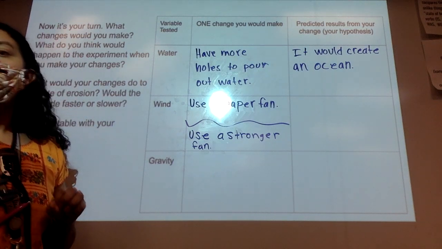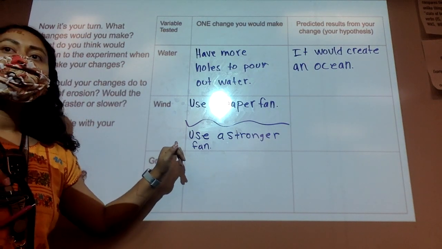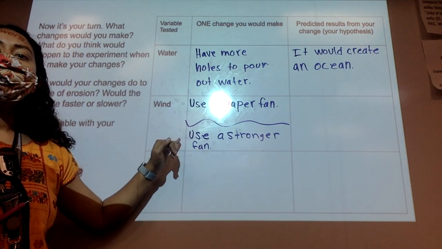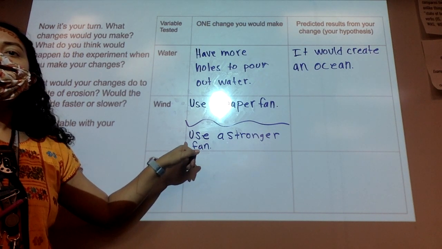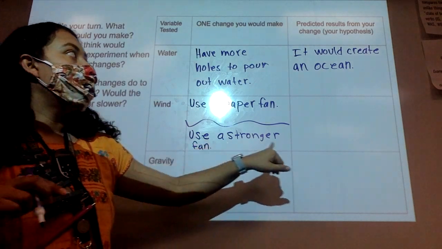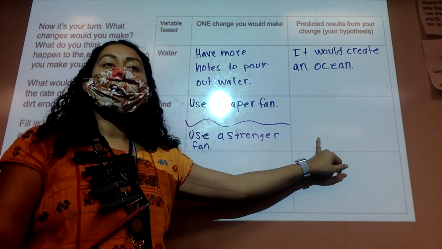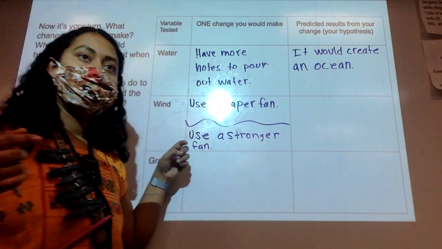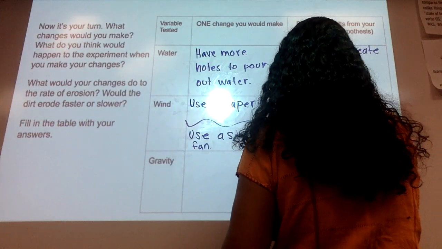Okay. Elian, typing. Thank you. Okay, so now, what is your prediction of what your hypothesis would be if we changed one of these things? The dirt was what?